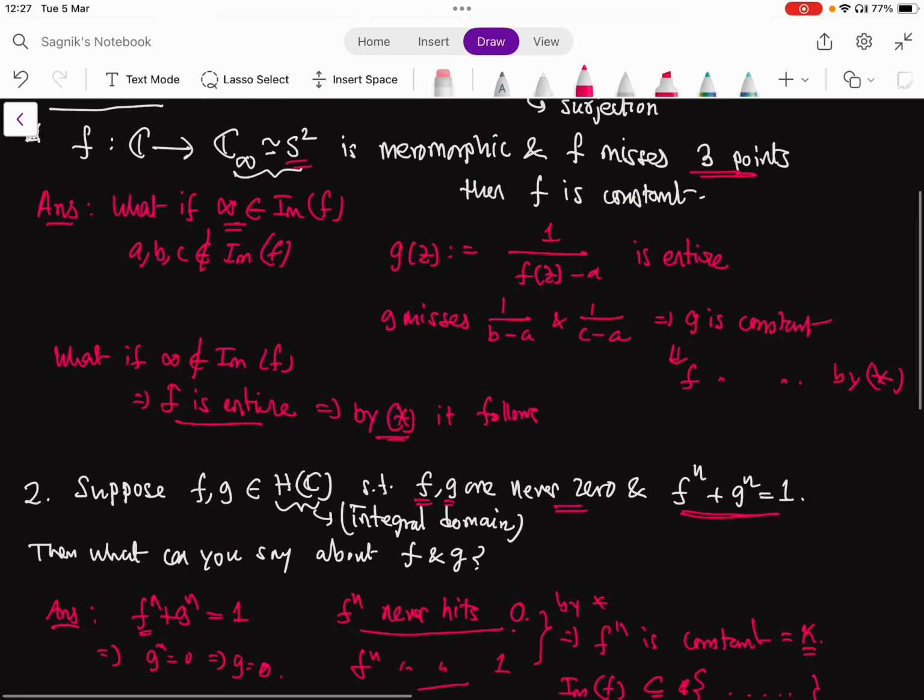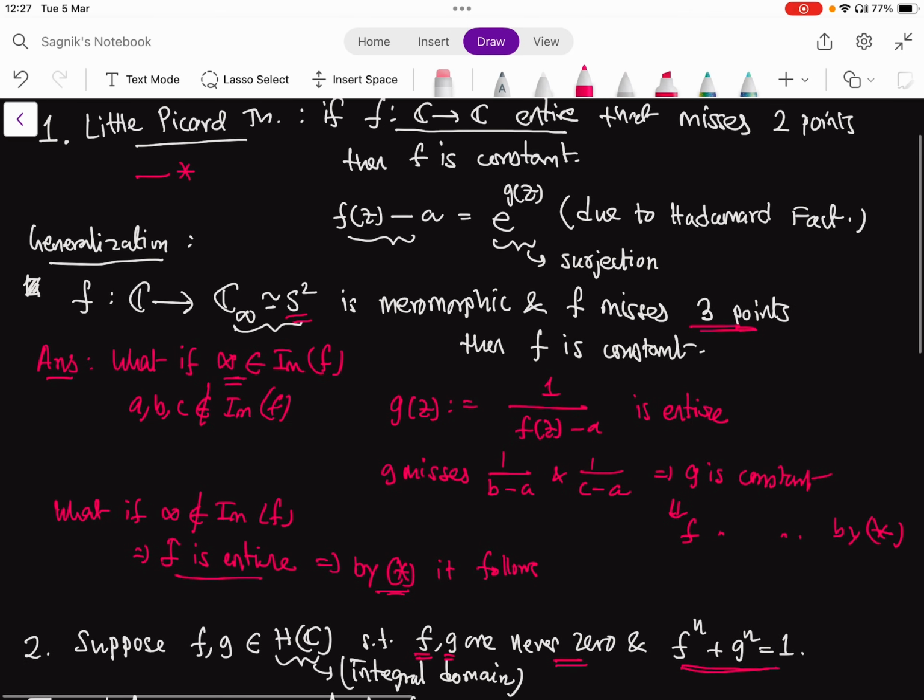And the proof of the Little Picard theorem, as I say, using Hadamard factorization is not very difficult, because the polynomial, if it is non-constant, has to hit every point at least once. And the exponential is also a surjective map from C to C star, right? So this is a surjection, and from C to C, the polynomial is a surjection, so their composition is... so what am I doing?